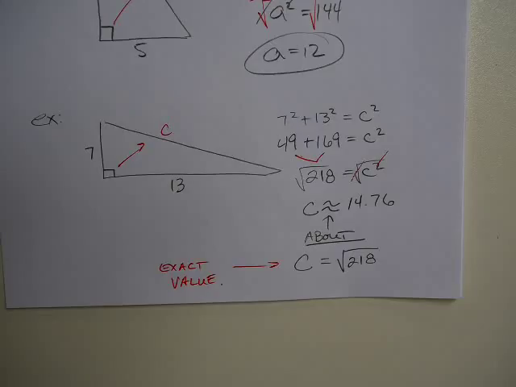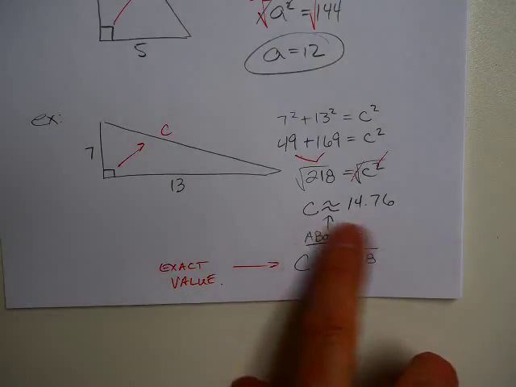Now I got this question for you here. Where is the square root of 218 on this? Where is that? Am I going to find it? No. The tape measure is not going to have the square root of 218.